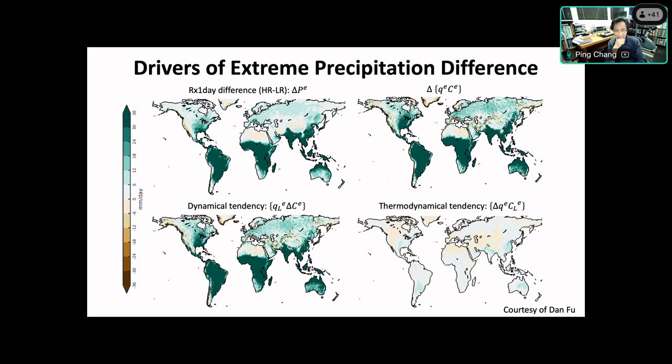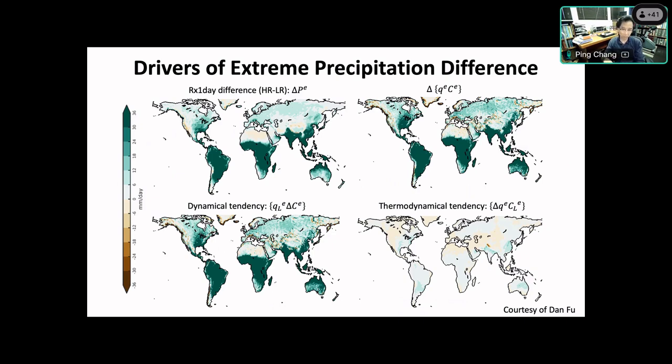is that most of the difference is actually coming from the dynamical tendency. In other words, the biggest difference in extreme precipitation between the high resolution model and the low resolution model is actually driven by the local circulation, which drives the flow convergence difference.